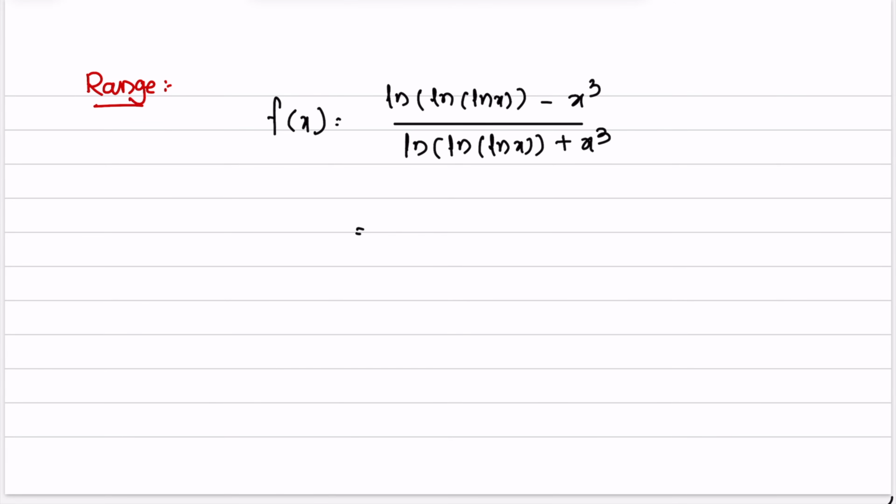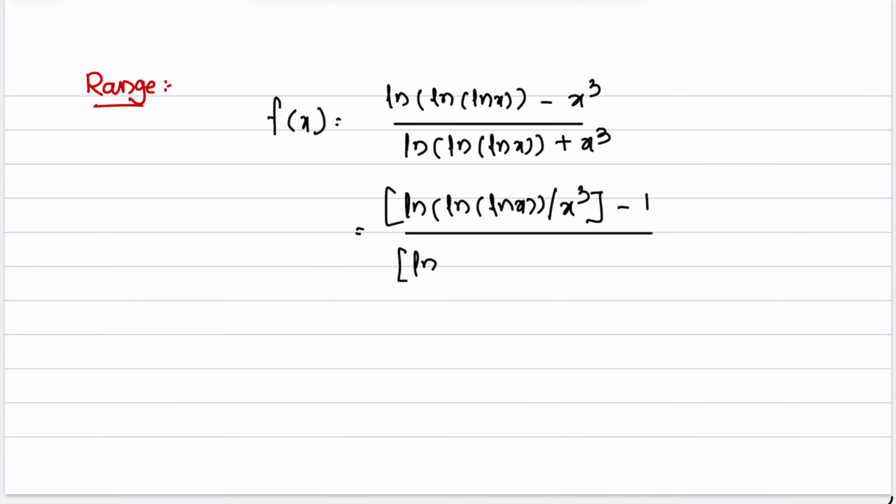Dividing numerator and denominator by x cube, we can write it as ln of ln x divided by x cube minus 1, whole divided by ln of ln x divided by x cube plus 1.